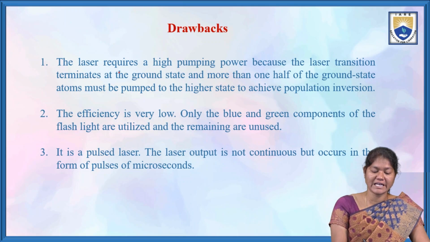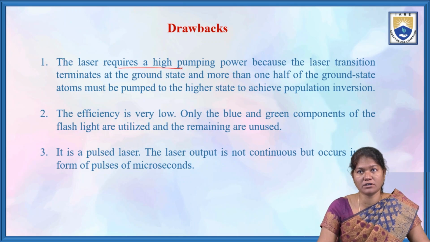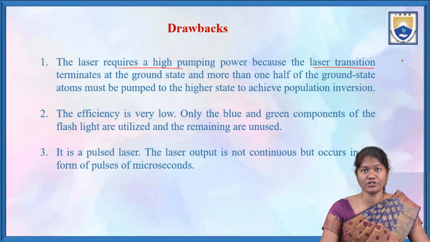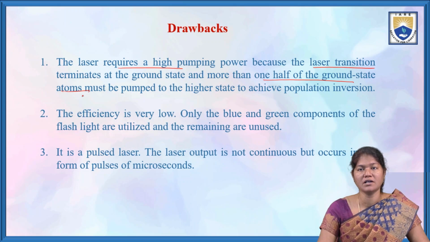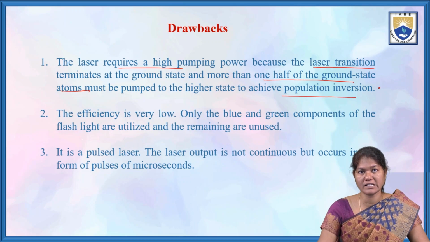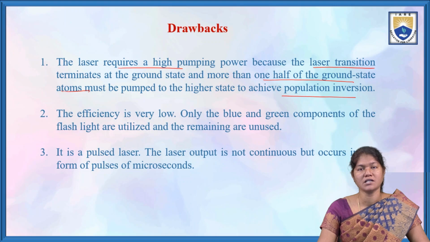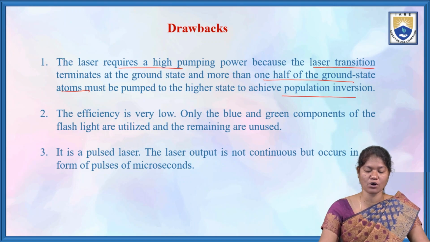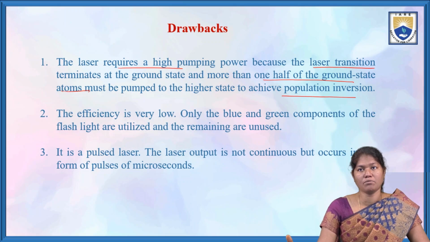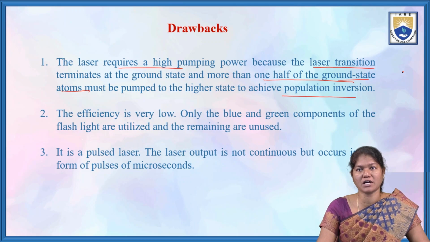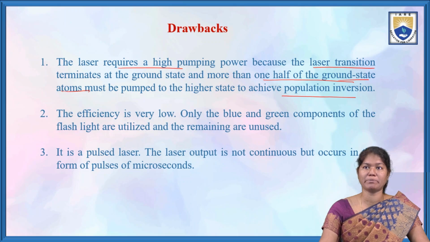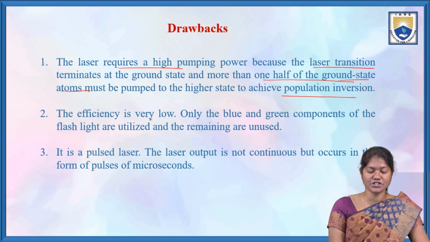The laser requires high pumping power because the laser transition terminates at the ground state, and more than half of the ground state atoms must be pumped to the higher state to achieve population inversion. The efficiency is very low.